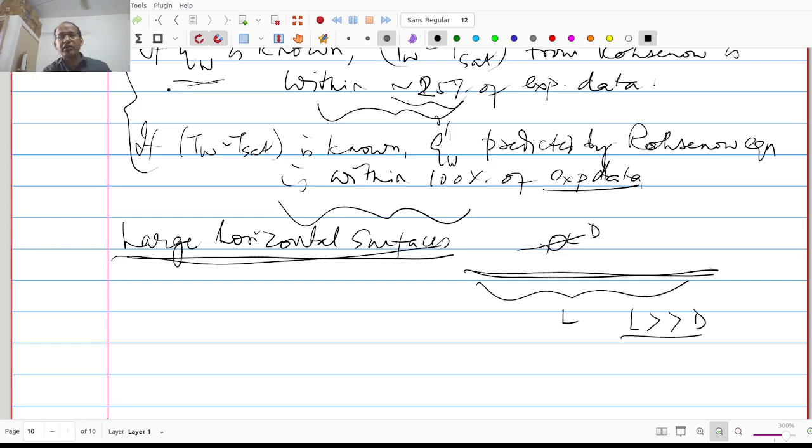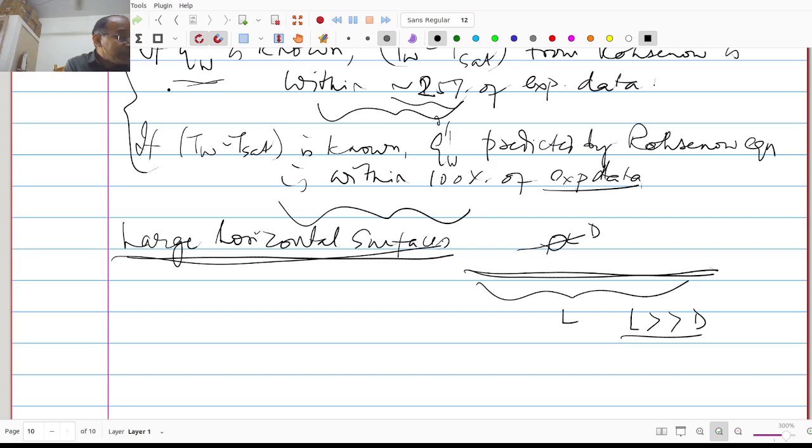It's not that geometrically they are very large, but even your kitchen patila, in which the bubbles are of the order of a couple of millimeters diameter and the vessel is about 10-15 centimeters diameter, the L is much larger than D, so the large horizontal surface correlation can be used even there, right?